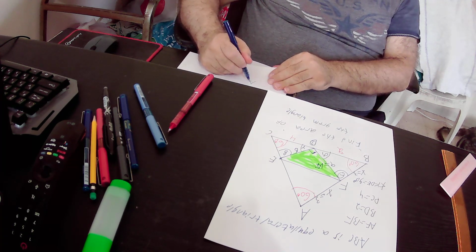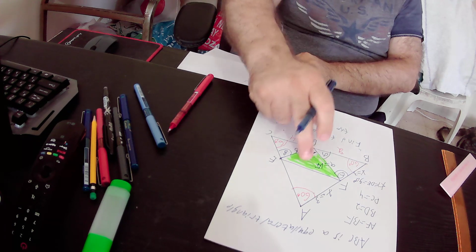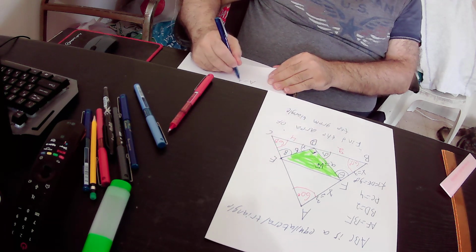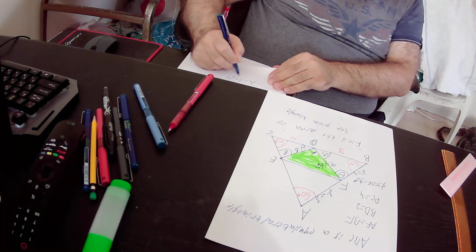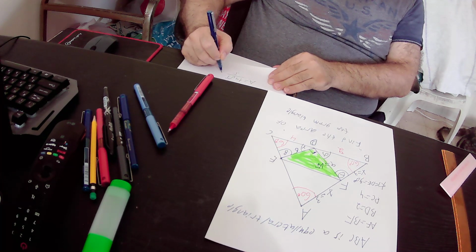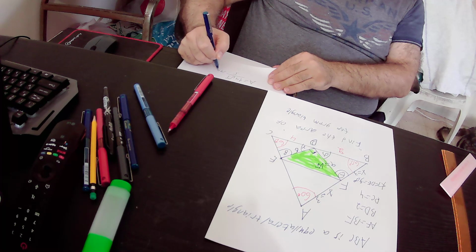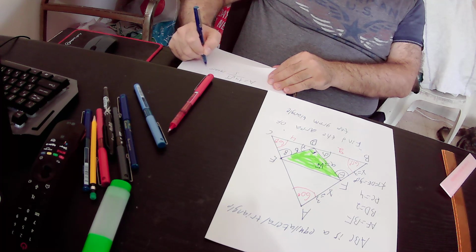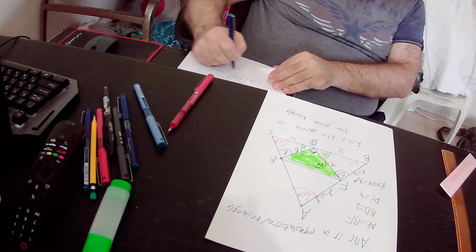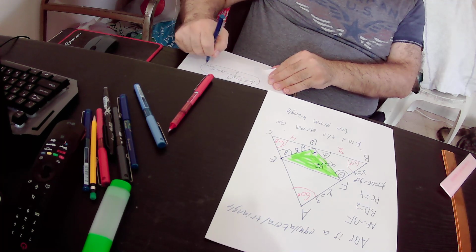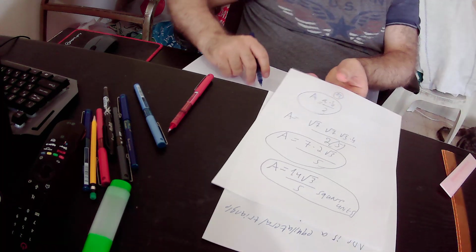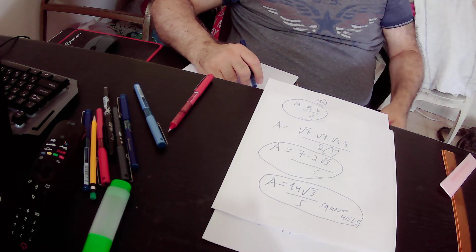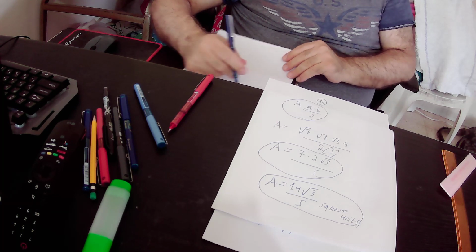So the area of this green triangle equals 14 times root 3 over 5 square units.